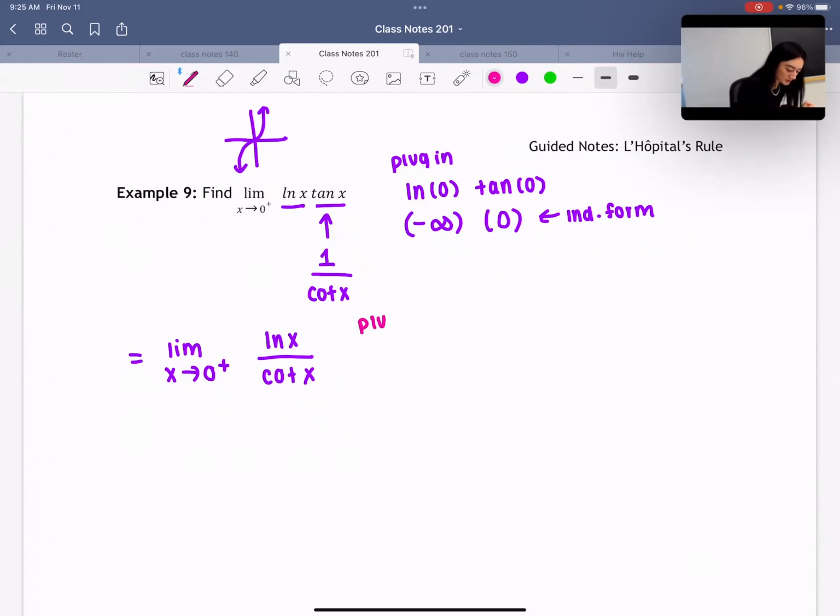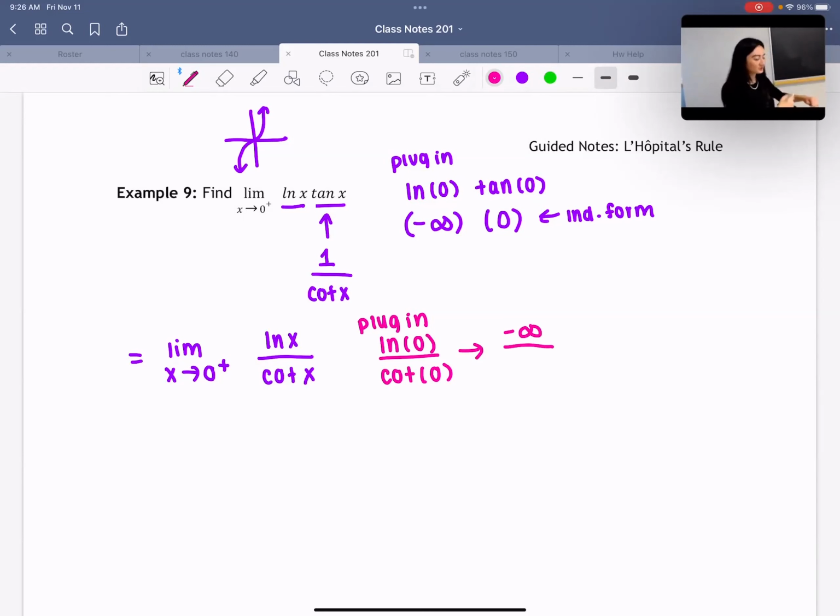Okay, so next we're going to plug in. Okay, we have the natural log of 0 from the right again, and the cotangent of 0. Let's see where that goes. We already said that the natural log of 0 goes to negative infinity. Okay. What does the cotangent of 0 go to? Well, we said tangent goes to 0.